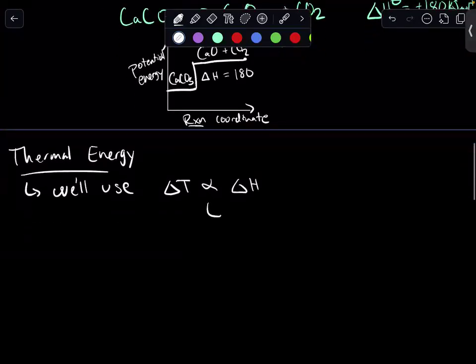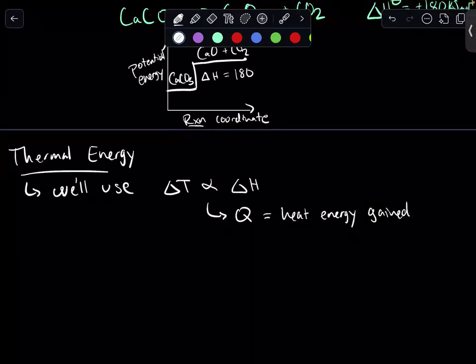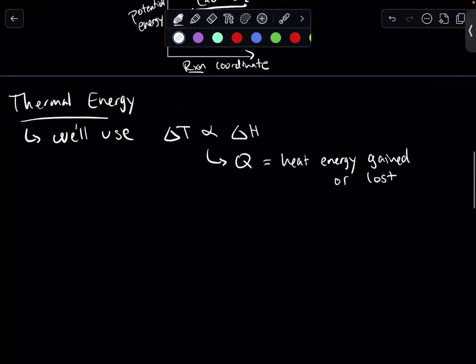And we're going to do that through the use of Q. Q is going to be our heat energy gained or lost. So we're going to be using a lot of different letters here, but we're going to use the equation Q equals mc delta T.